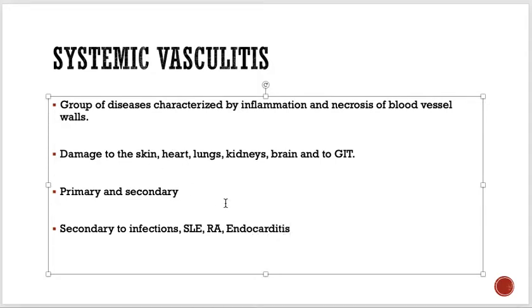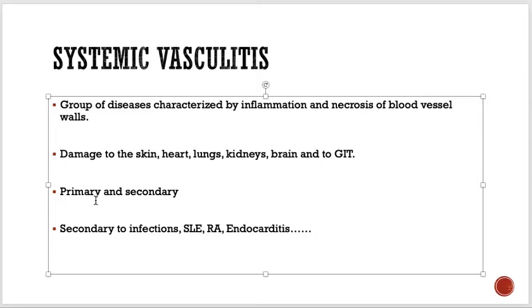If you remember, in endocarditis there are vascular phenomena and immunological phenomena. It could be infections like hepatitis B and hepatitis C. Whenever it is primary, it is not in the presence of another condition, and for most of them we don't know the etiology.